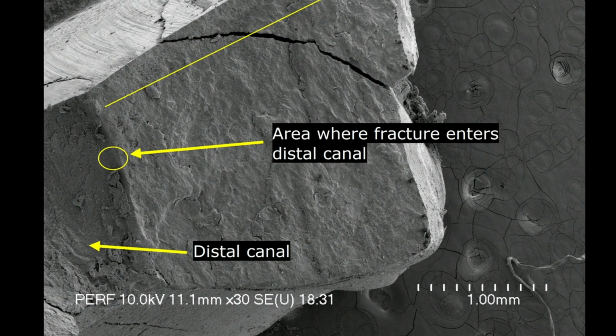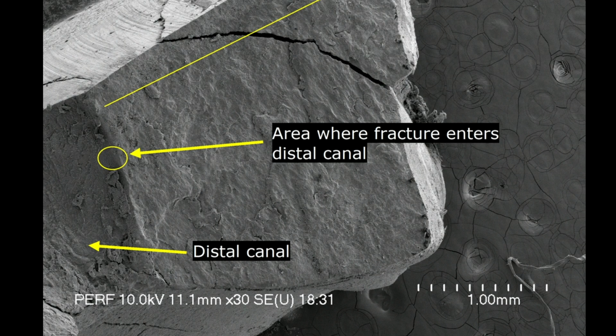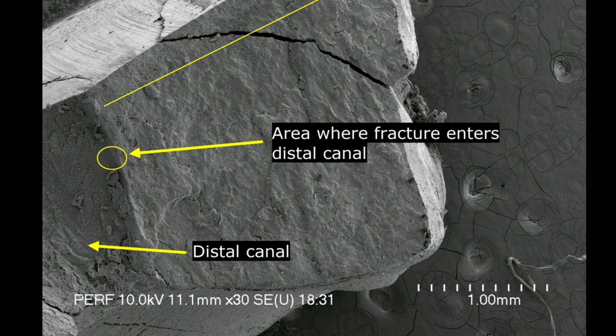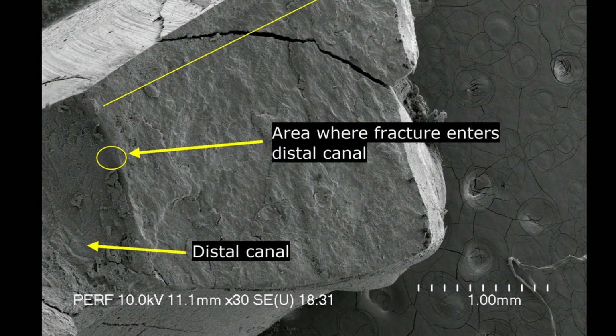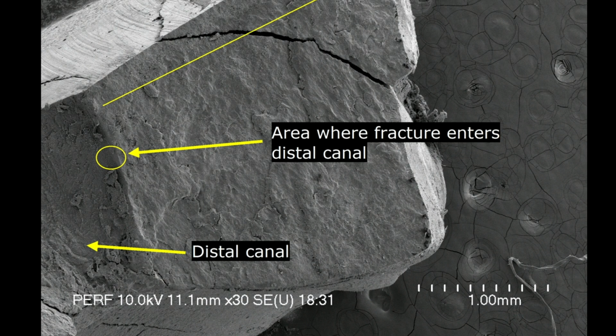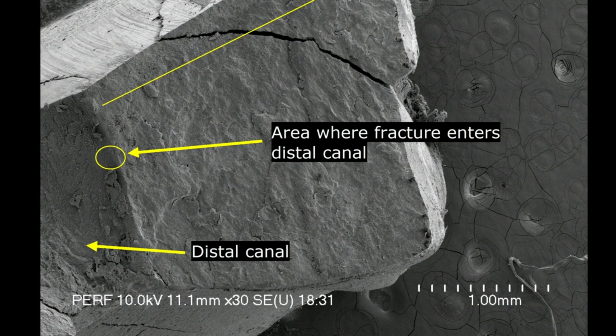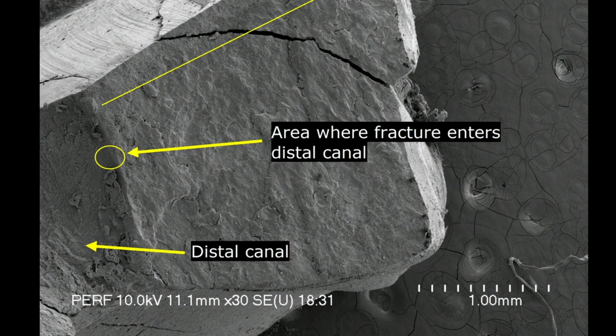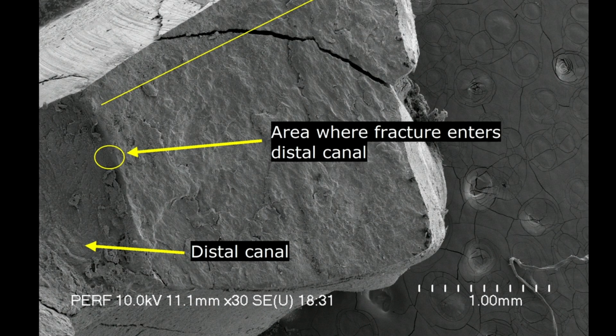And here is interesting. You can actually see where the bacteria start leaking into the distal canal. And you can kind of get a sense for how those biofilms might actually appear in nature.